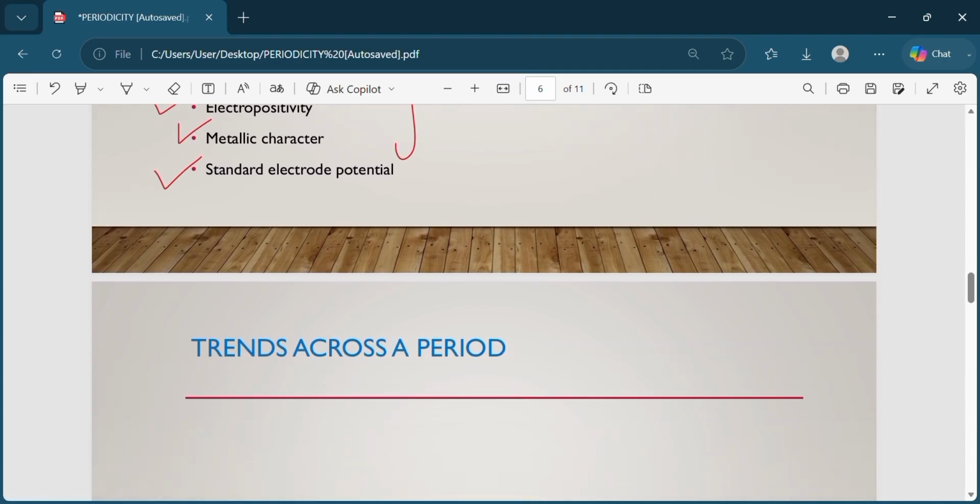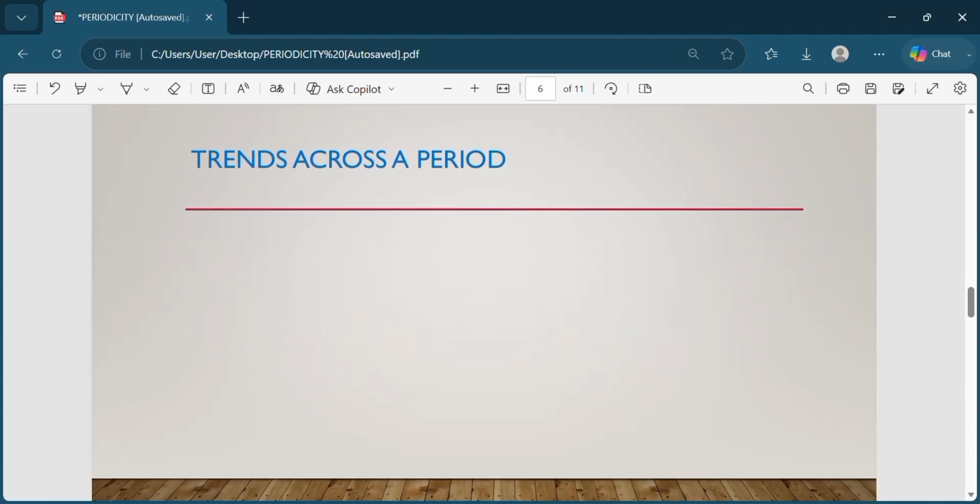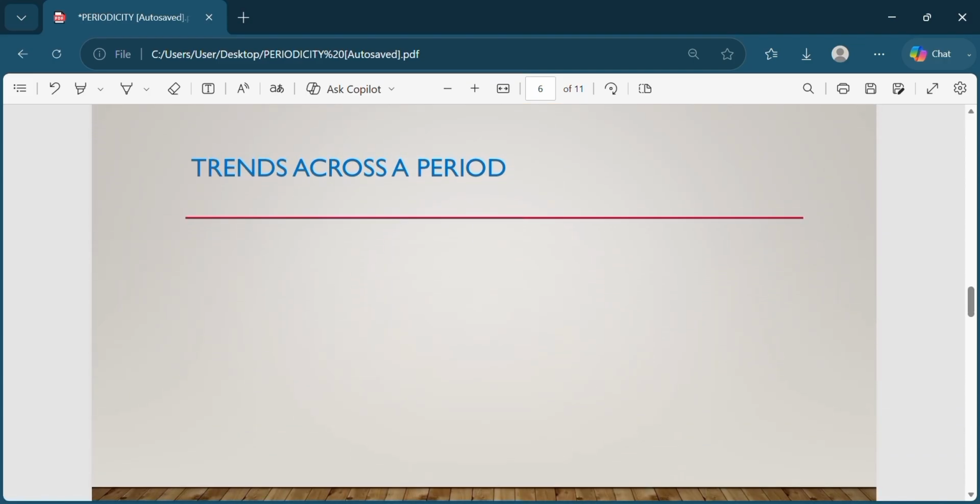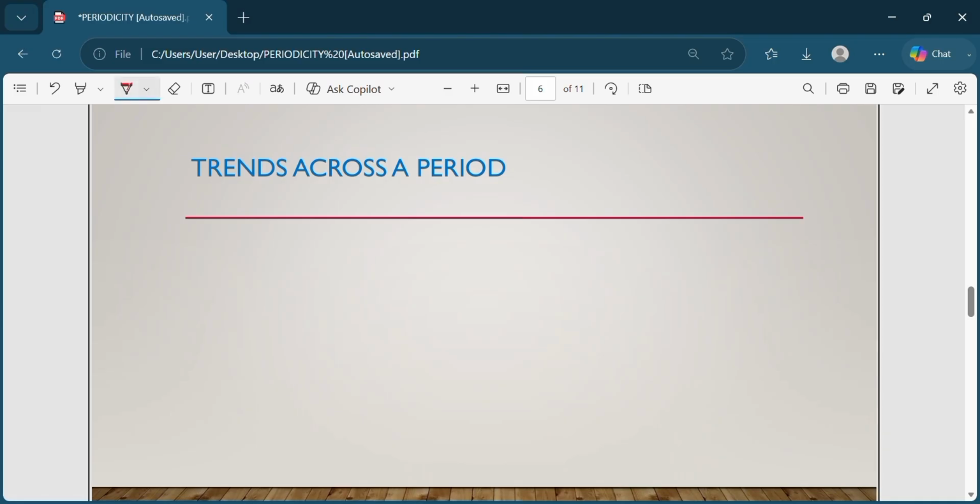Let's first pick a few examples that we can use to explain trends. We can start with a trend across a period. First things first, maybe we can start explaining the one that involves atomic number.